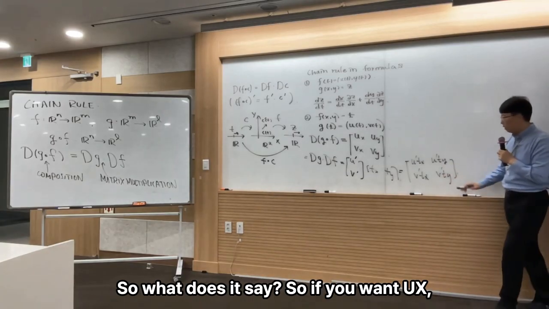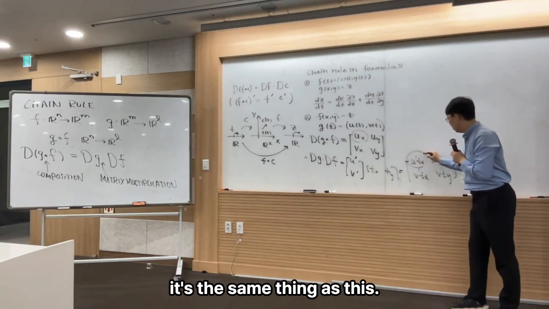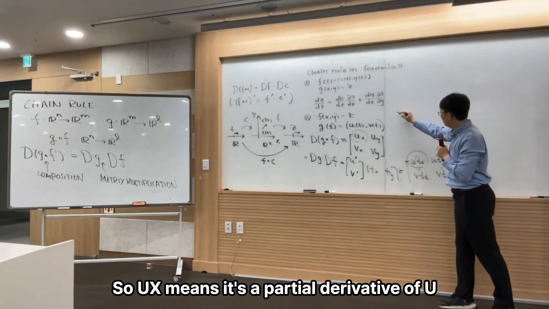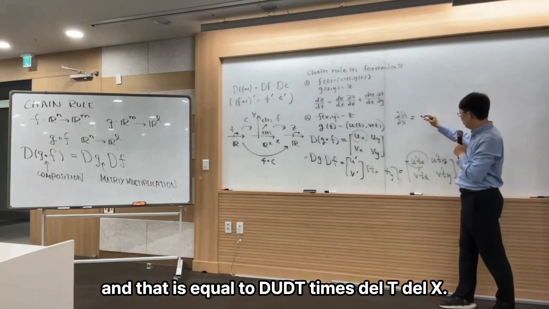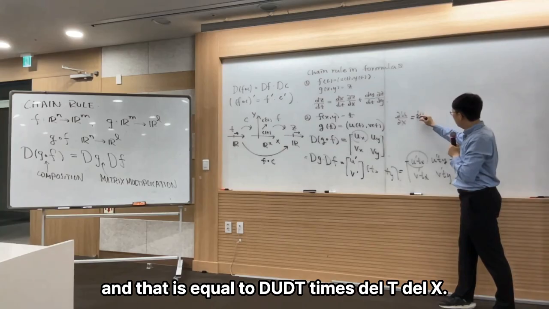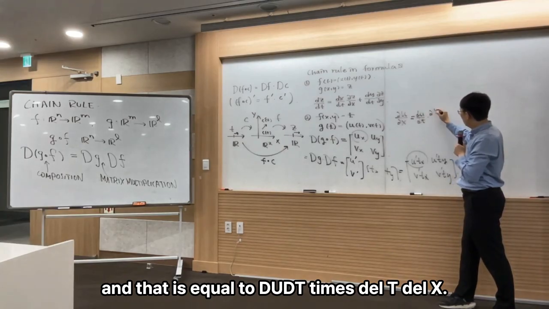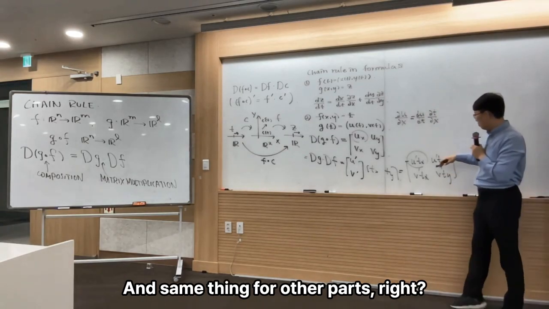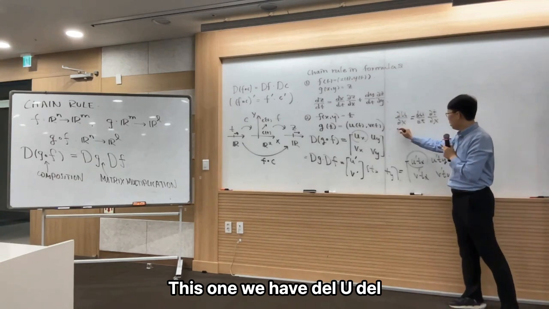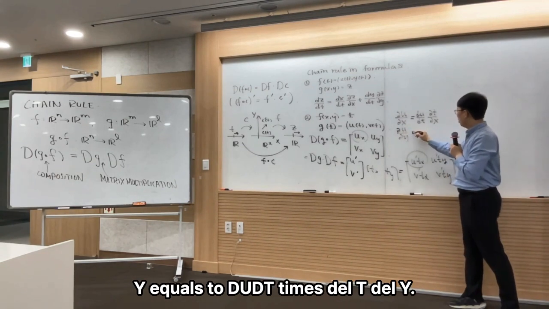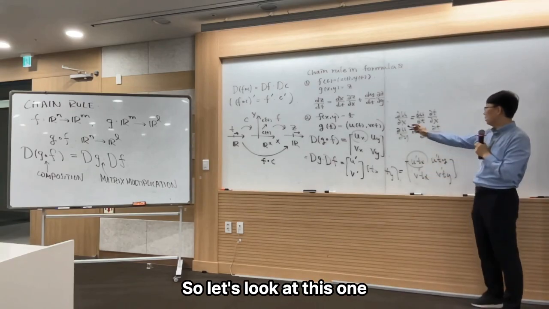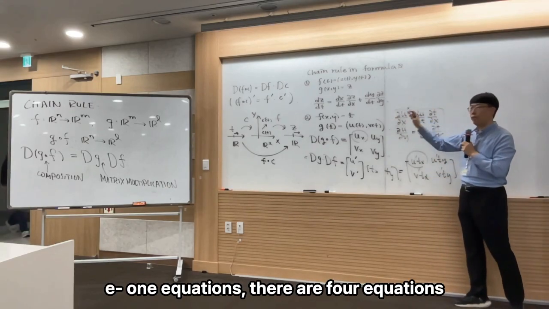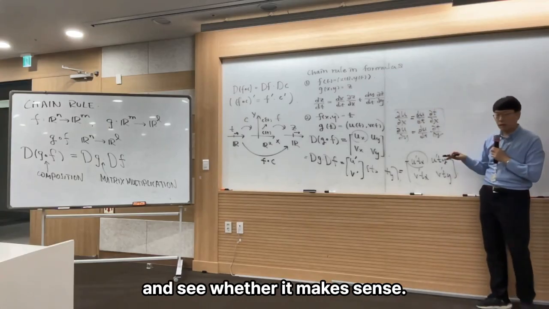So what does it say? If you want ux, it is the same thing as this. So ux, the partial derivative of u in terms of x, is equal to du dt times del t del x. And same thing for other parts. Like this one, we have del u del y equals du dt times del t del y, and same for the others. So there are 4 equations, and let's see whether it makes sense.